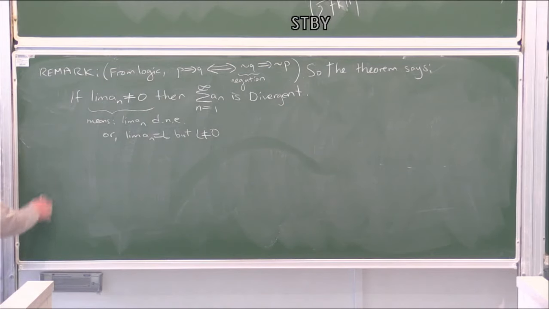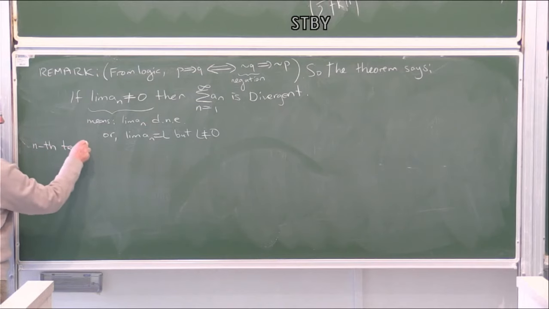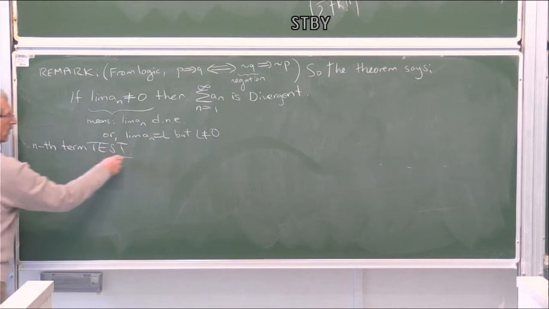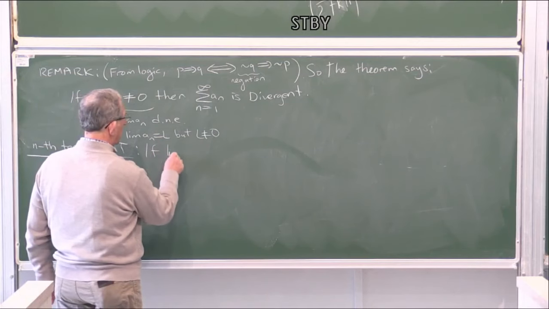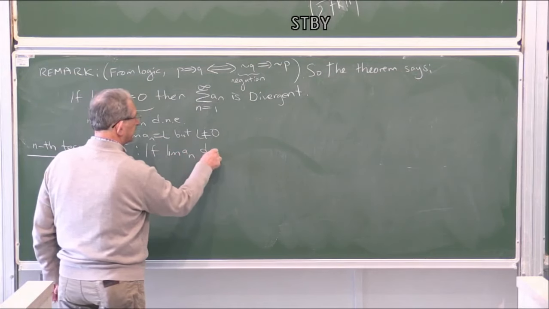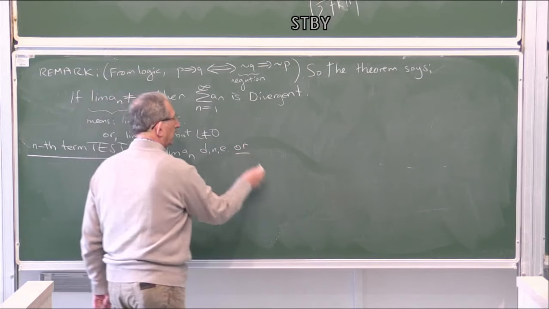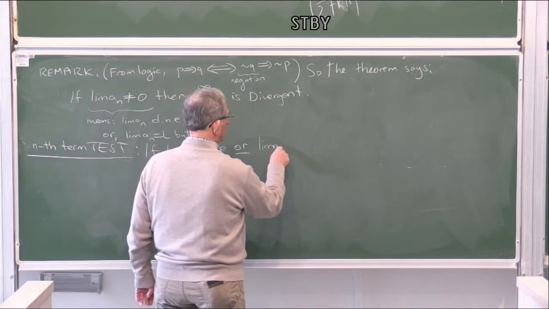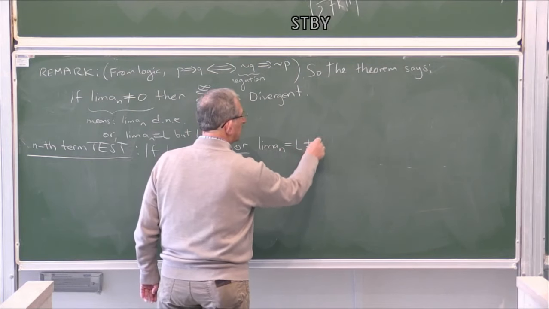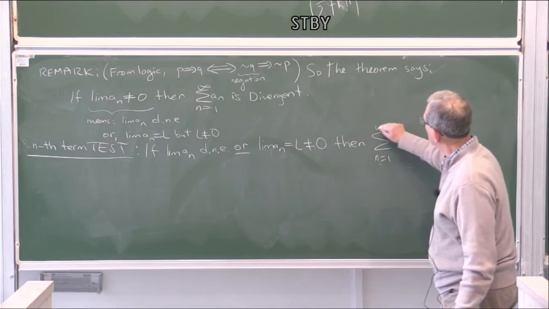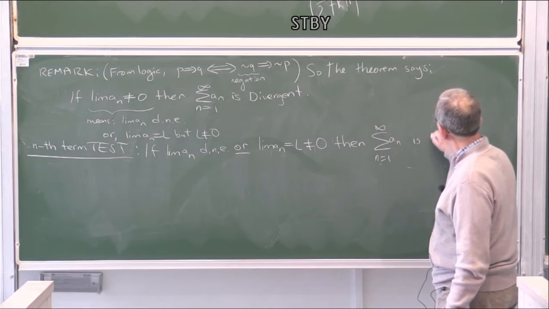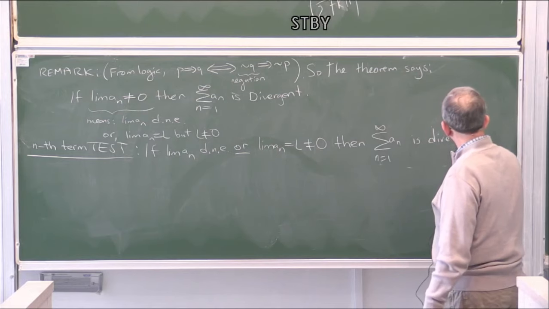Now, writing this, we get the so-called nth term test. It exactly says this. That is, if the limit of a_n does not exist, or the limit of a_n is L but it is not 0, then the series is divergent.